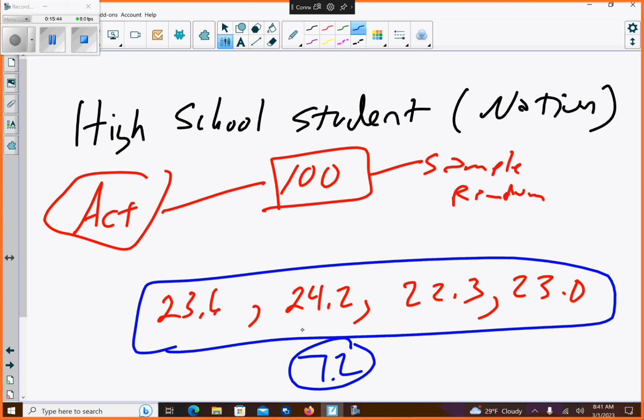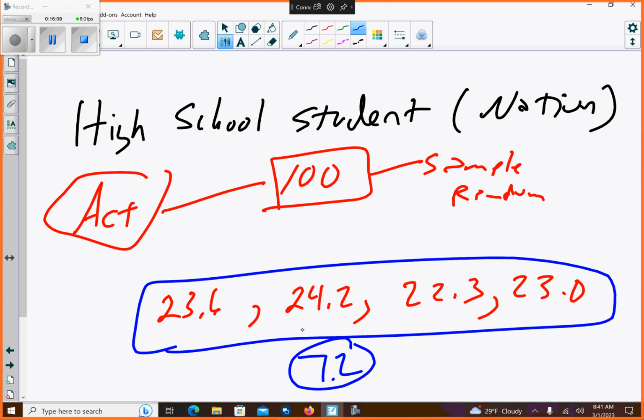Then you move on and collect another sample, and you start regressing toward the norm. The more times you do a random sample of 100 tests, we're basically going back and forth around a parameter, the mean of the true population, which we don't know.